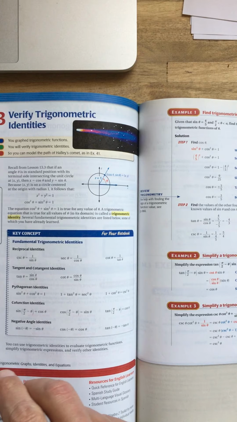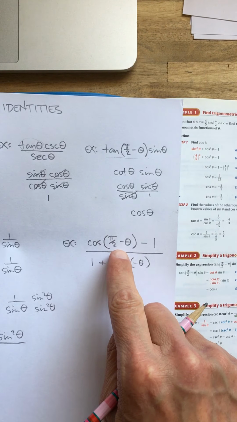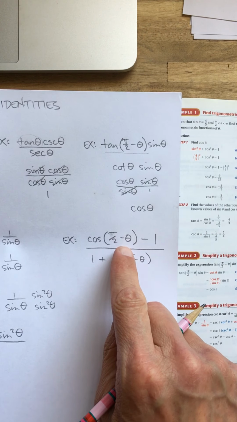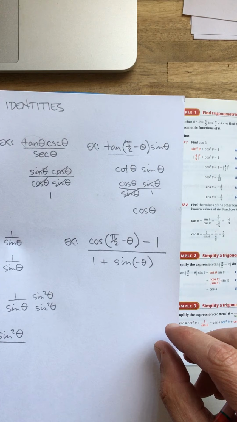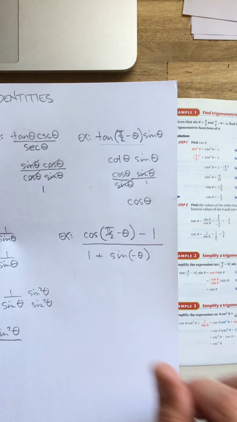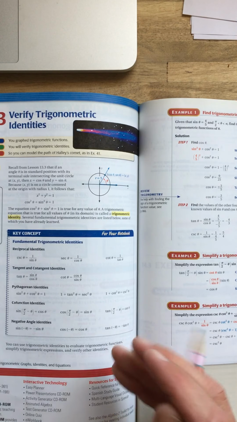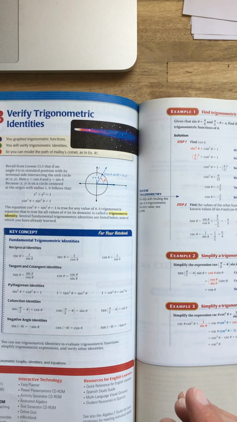First off, I see this guy right here, cosine of pi over 2 minus theta. Think about a right triangle. If we're not talking about theta, we're talking about 90 degrees minus that theta, that's the other angle, and it turns into the sine. If you don't know what I'm talking about, I don't blame you. I'm not doing a very good job explaining it.